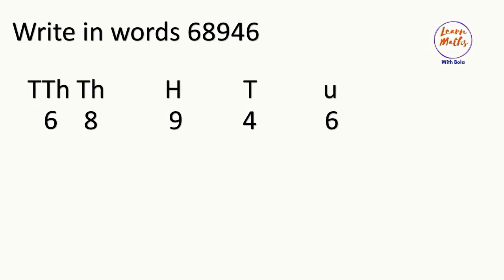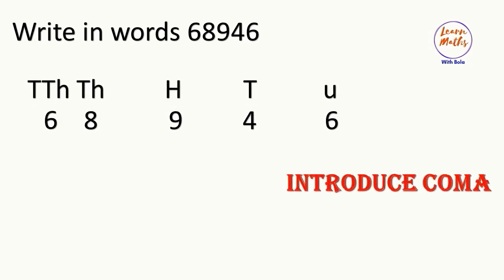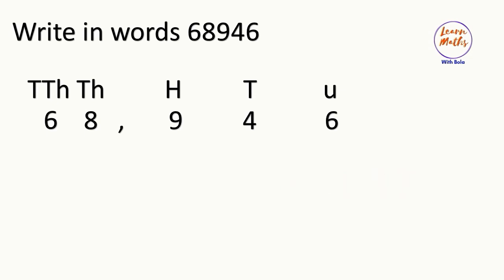So now we have a 5-digit number. Don't forget to write it out. Then you count 3 numbers, then the comma. So you introduce the comma at this point. Now before the comma, you have 6 and 8. Do you think we'll write 6 10,000 and 8,000? No, definitely not. Just like your tens and units are always together, your 10,000 and your 1,000 are together too.